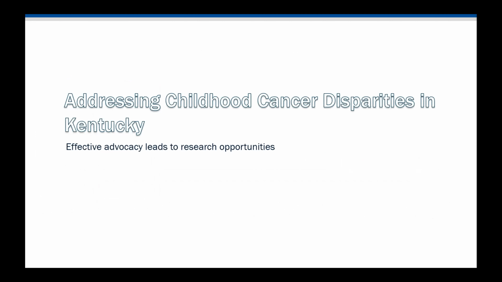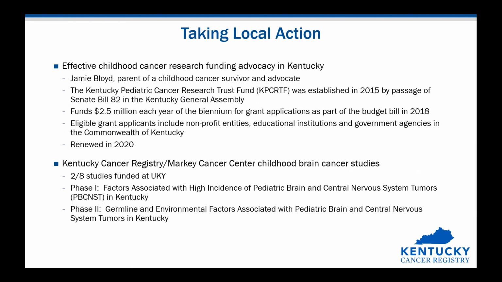So how did we decide to pursue efforts to address this disparity in Kentucky? Advocacy has played a really very important role. Jamie Bloy, I know that some of you are acquainted with Jamie. She's a parent of a childhood cancer survivor and a great advocate in the state of Kentucky.